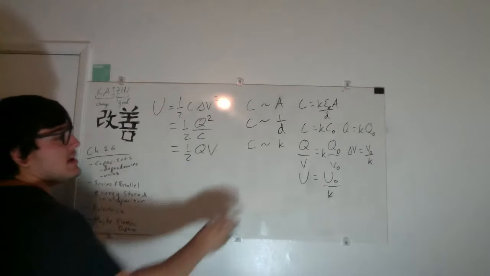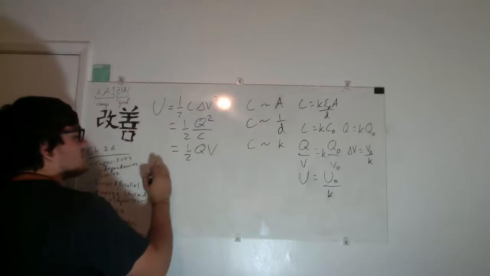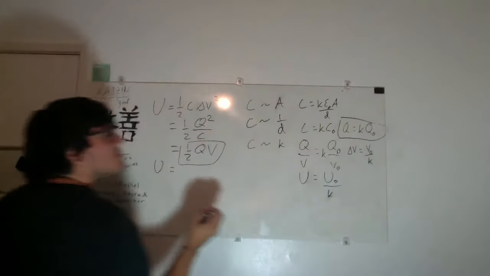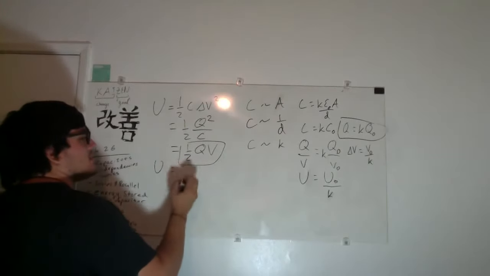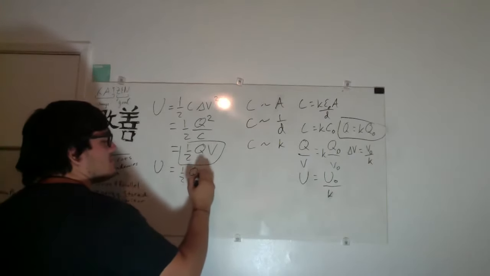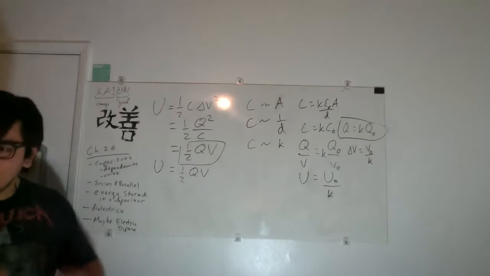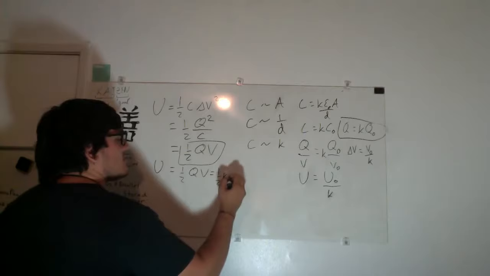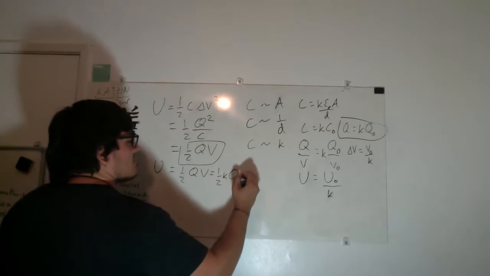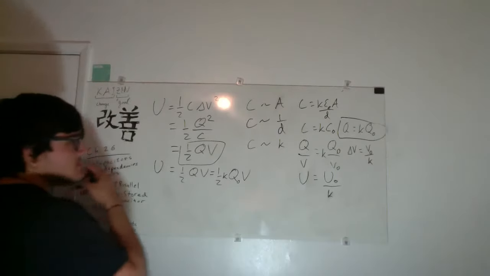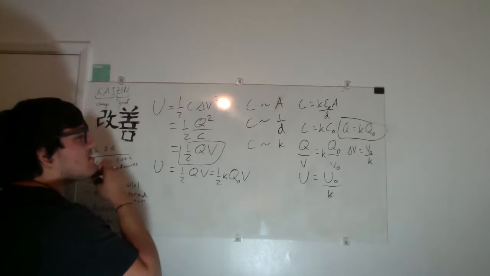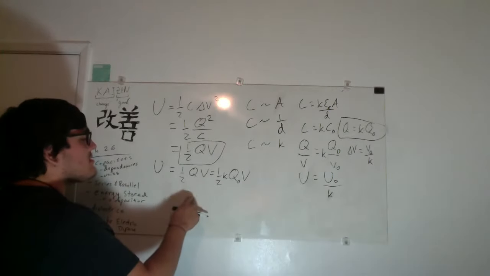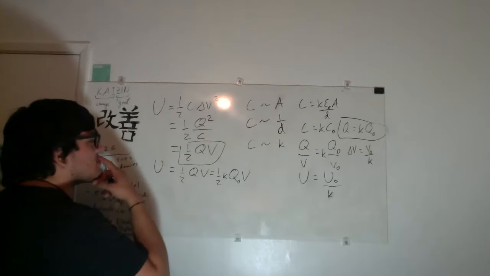So I can take any one of these and combine it with any one of those. I can say U is equal to, how about this one and this one, 1/2 Q V, and I'm going to replace Q with the dielectric version, K Q0. Oh, wait, no. This could be 0.